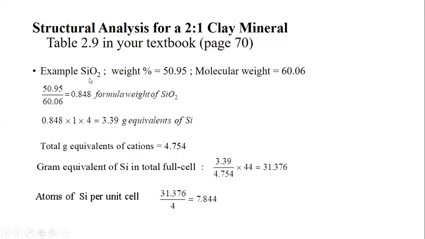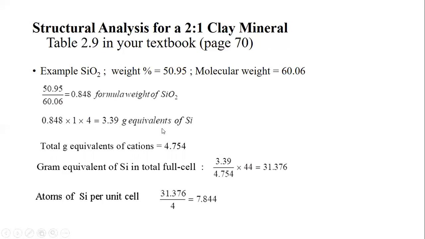Okay, we're interested in charges, remember. So each of those has only one silicon. The SiO2 contains only one silicon, and that silicon has 4 positive charges. So 0.848 times 1 silicon times 4, which is the charge, equals 3.39 gram equivalents of silicon.